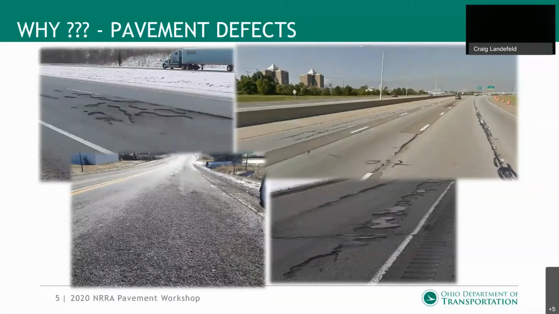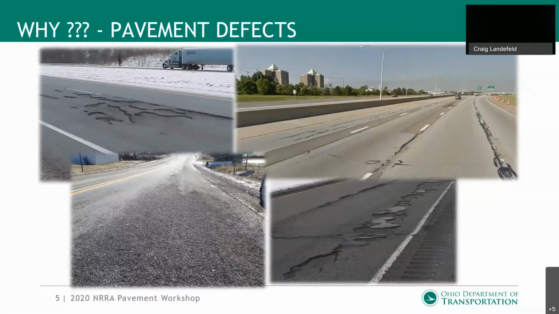We've seen some delamination and some potholes of the surface layer here, some very early raveling on a pavement. But as you can see, all these pavements, the defects showed up very early, or earlier than we'd like in the pavement's life. And the majority of these, well, actually all of these pavements met our construction specifications at the time of placement. So they were paid for in full, and we didn't notice any issues with the pavements until later on in their life.